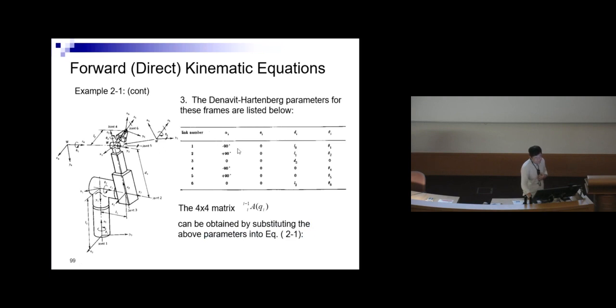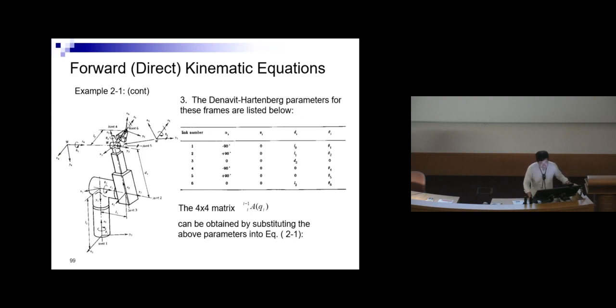So if you go through what we have done earlier on, you will end up with this table. You have your theta i, which is your revolute joint, so theta 1, theta 2, d3. I'm actually quite particular about the d and L. The d3 implies that this is a variable. So you have your theta 4, theta 5, and theta 6, and so on. Okay.